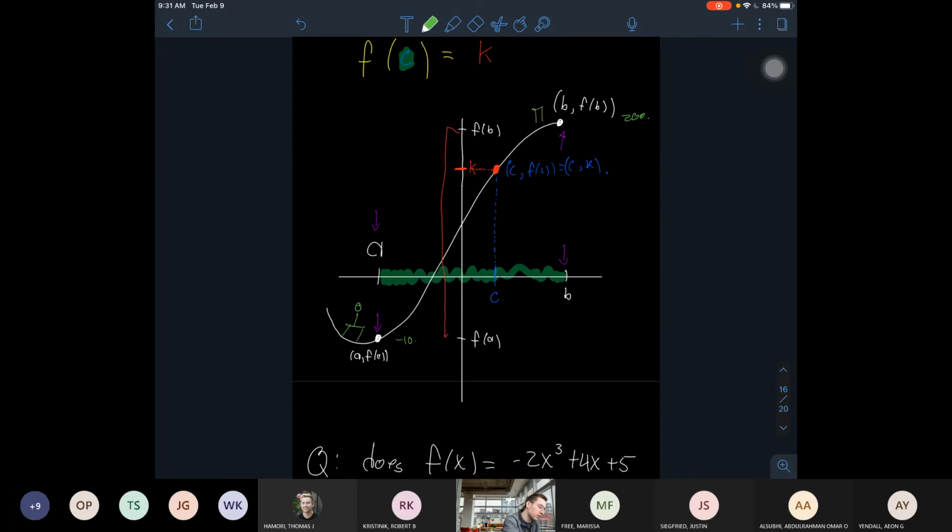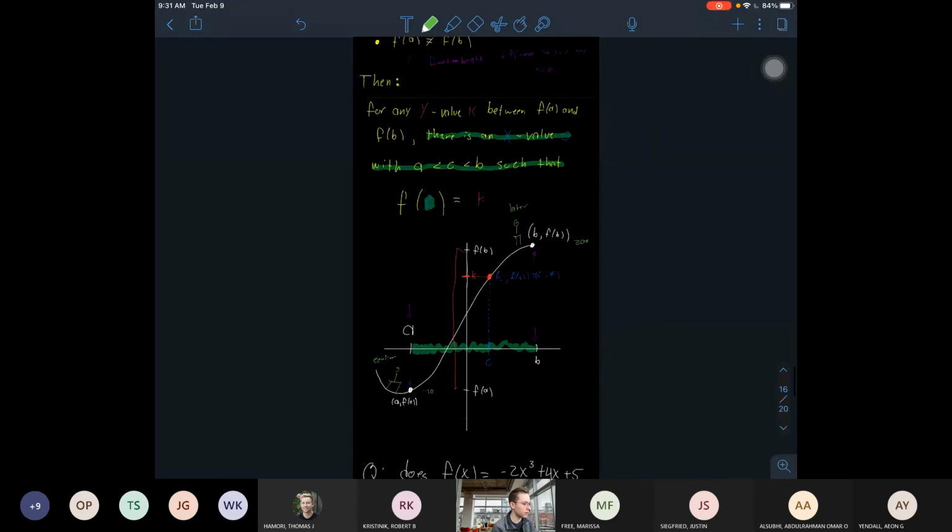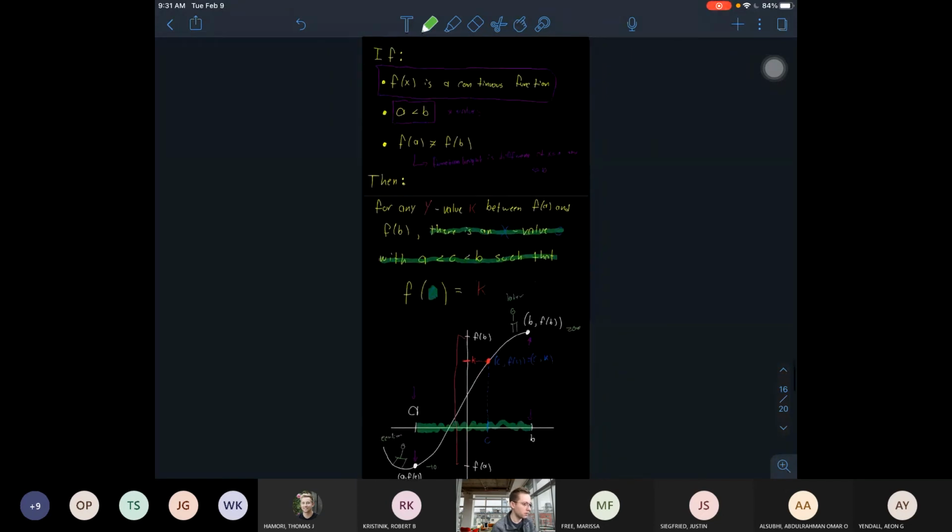So if I'm on my roller coaster up here later on, then at some point in between time A and time B, I am at every single height which is in between the starting height and the end height. Are there any questions about the intermediate value theorem and what this is really saying here?